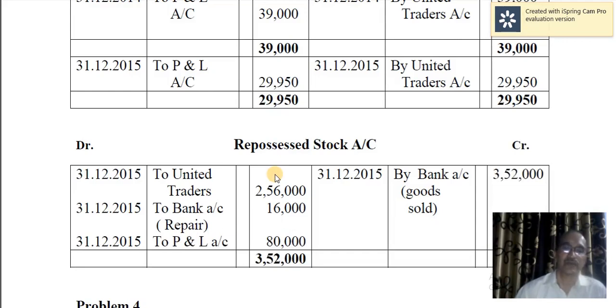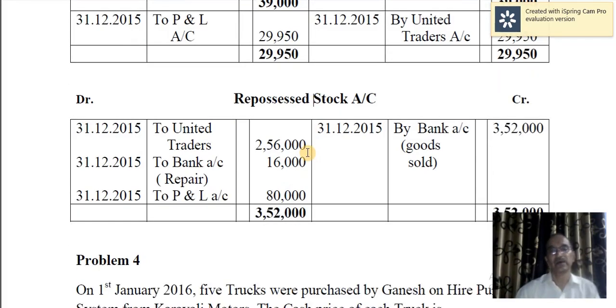Now come to the repossessed stock account. Yes, agreed value of repossessed stock is 2,56,000, and the entry is repossessed stock account debited, to hire purchaser's account. So here hire purchaser is United Traders. So 2,56,000. In this problem, it is mentioned that after repossession of the goods, the hire vendors have incurred some repair expenses to the extent of 16,000.